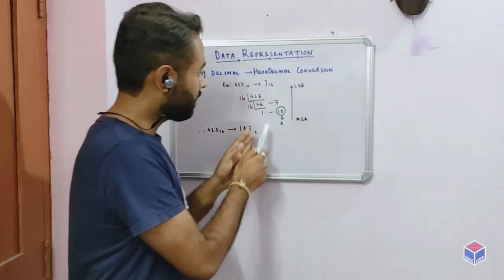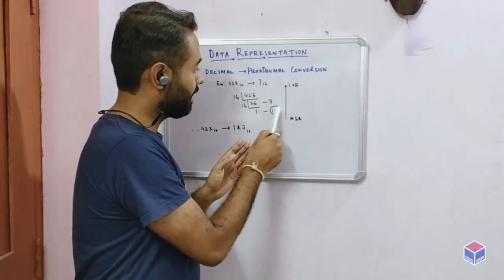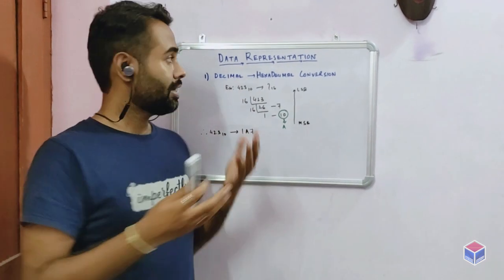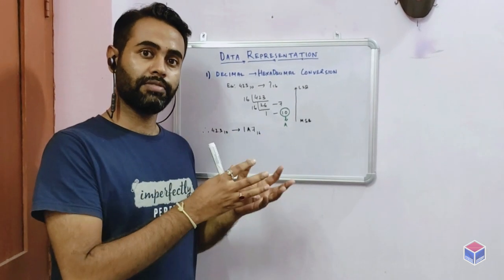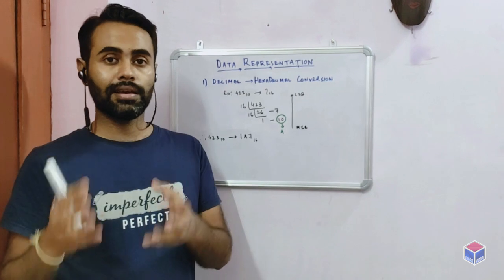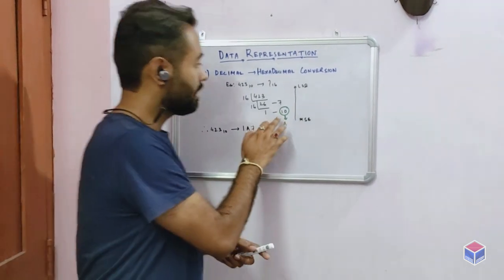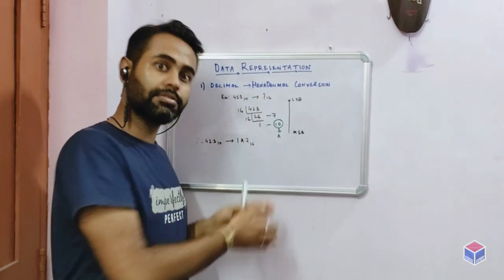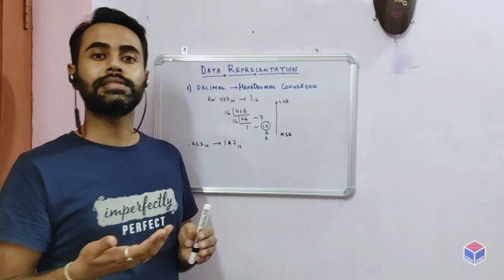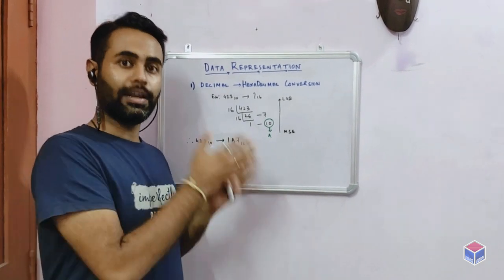When you do that, in the remainders we got 7, 10, and 1. As hexadecimal is a combination of decimal values, 0 to 9, and alphabetical values, capital A to capital F, the value 10 is converted to A. How this conversion is done will be explained with the conversion table that I will show you at the end of this video.